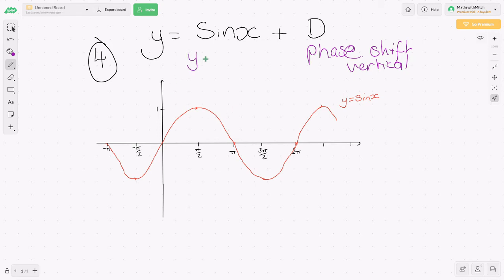So let's do an example. y equals sine x plus, we're just going to do 1. Keep it nice and simple. So again, we're going to apply the same method for when we sketched it. Pick a point, and it'll now move vertically up by 1. So this point here now becomes this point here, and we can replicate that for each point.